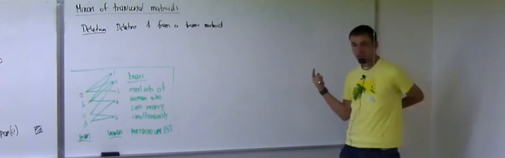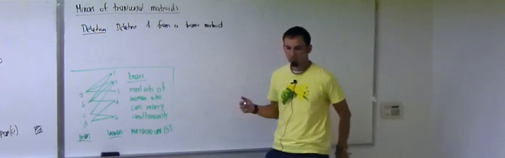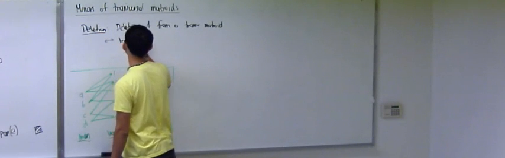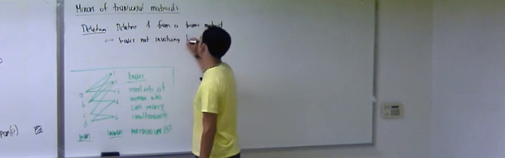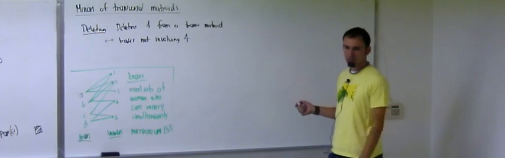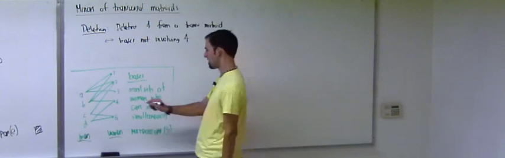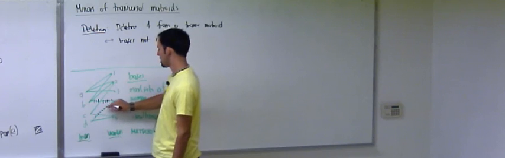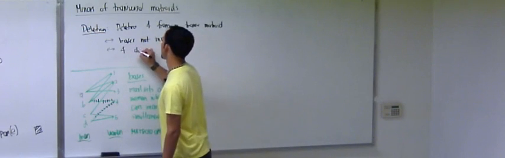Remember, what does deletion mean? It means you're considering the bases that don't involve this element. You take the bases not involving 4. And one way of imagining this is just saying, 4 decided not to get married anymore. 4 is not interested in being married to any of these people anymore. 4 doesn't want to marry.